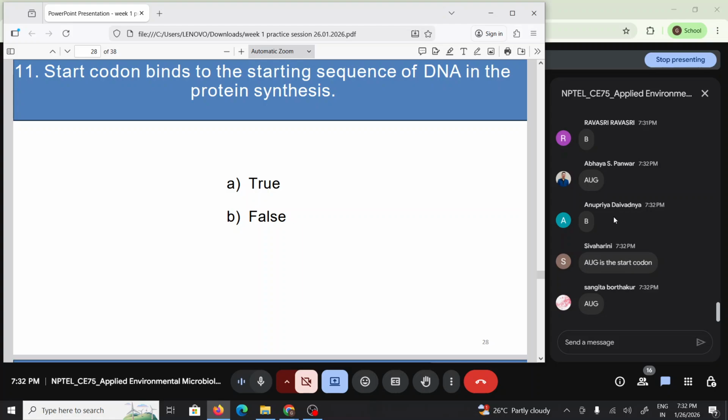So for whoever doesn't know what all this means, in order to synthesize a protein, we need to produce different amino acids. Each codon codes for an amino acid, and a codon is a triplet, like AUG or ATG.